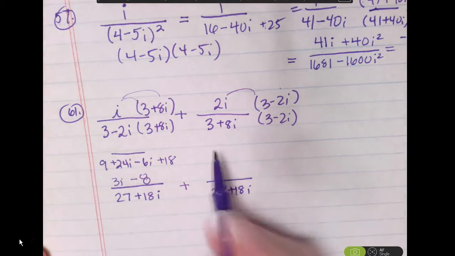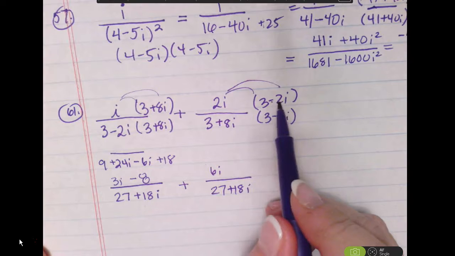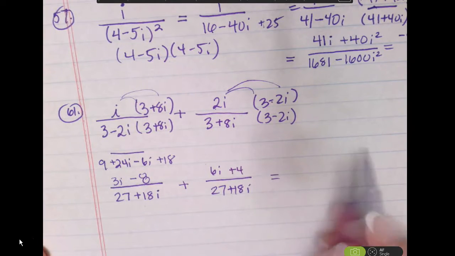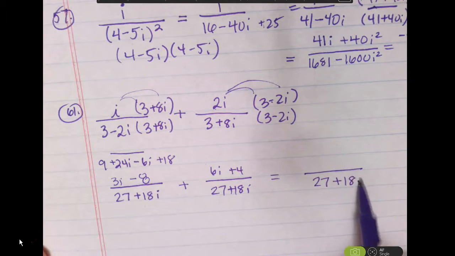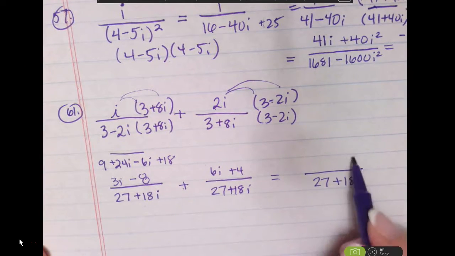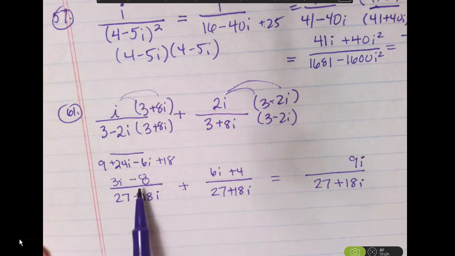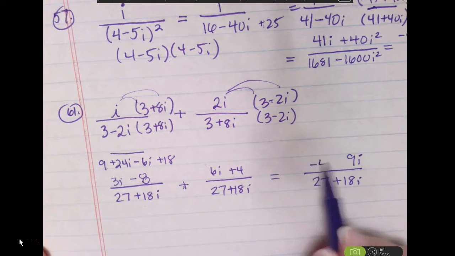And then 2i times 3 is 6i, minus 2 times 2 minus 4i squared is plus 4. So now we remember the rule for adding fractions: 27 plus 18i, and add the numerators. So I'm going to combine 3i and 6i and get 9i. And down here, negative 8 plus 4 is negative 4.